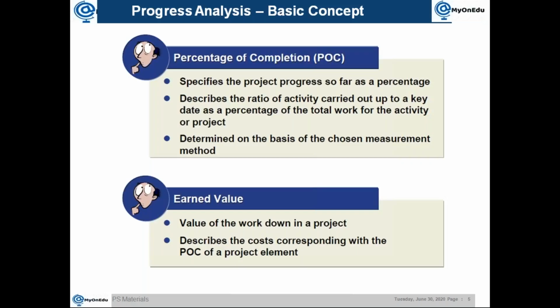That is important for the progress calculation from the SAP perspective. Percentage of completion is the key, but based on what measurement do you arrive at it? That is what we call the measurement method. There are different methods, which I will go to. The concept of earned value we already saw in the previous slide, and it is the same concept when it comes to SAP.